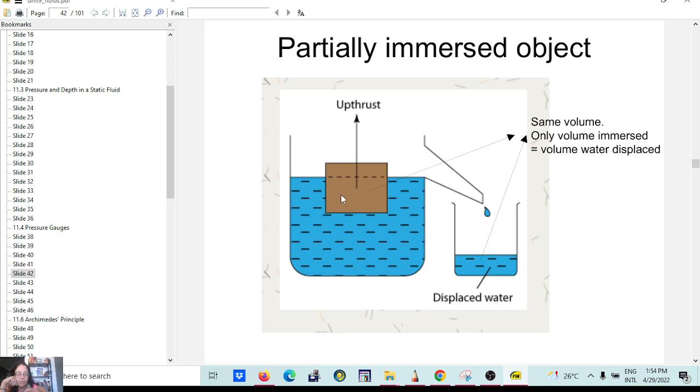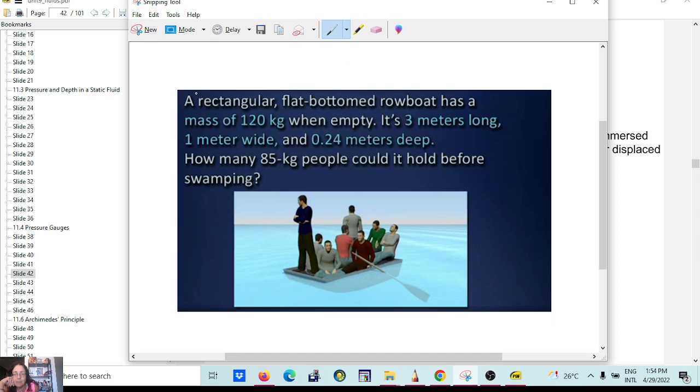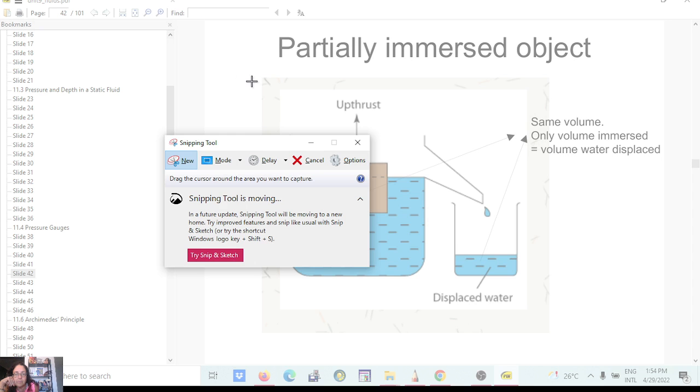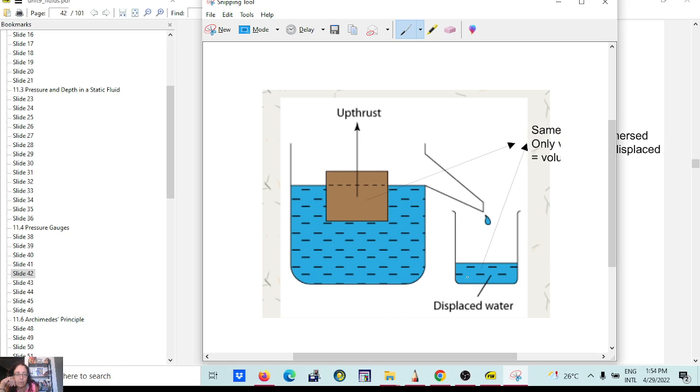Okay, so if you want to do some geometry here, that volume of the water displaced will be equal only to that volume here. Okay, and that volume is in 3D, of course. Here you're only seeing one side, but here you have an area.